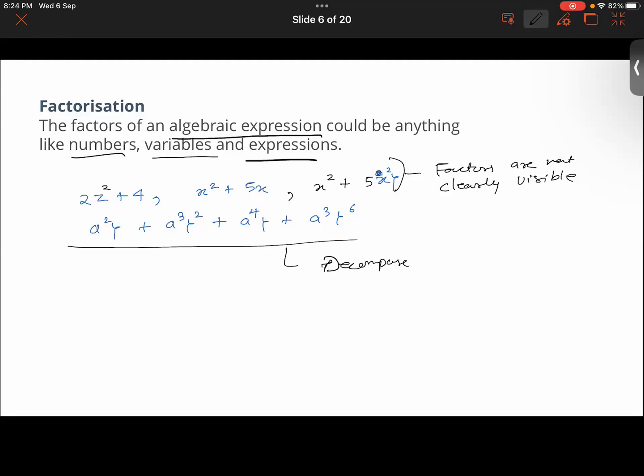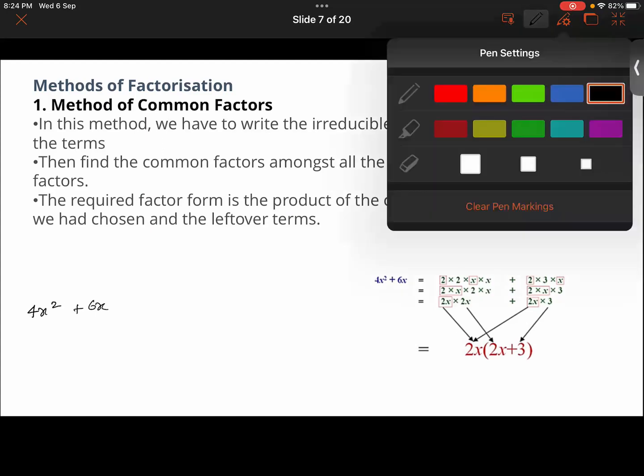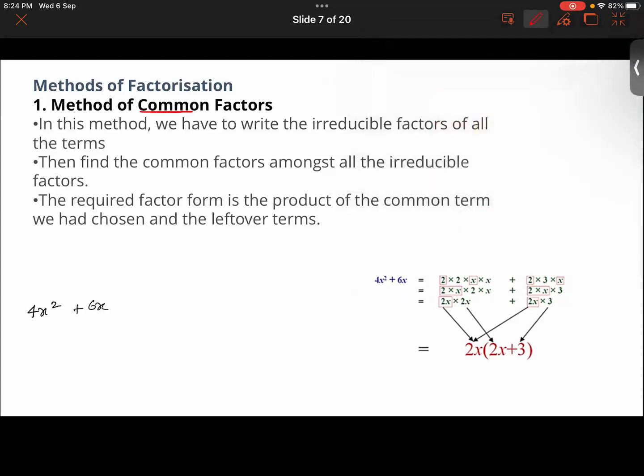So let's talk about how you factorize algebraic expressions. In the first method, you will be finding the common factors. For example, see the next slide here. You have an expression 4x square plus 6x. We are talking about the method of common factors, Ahmed and Arham. Here, you have to write the irreducible factors of all the terms.